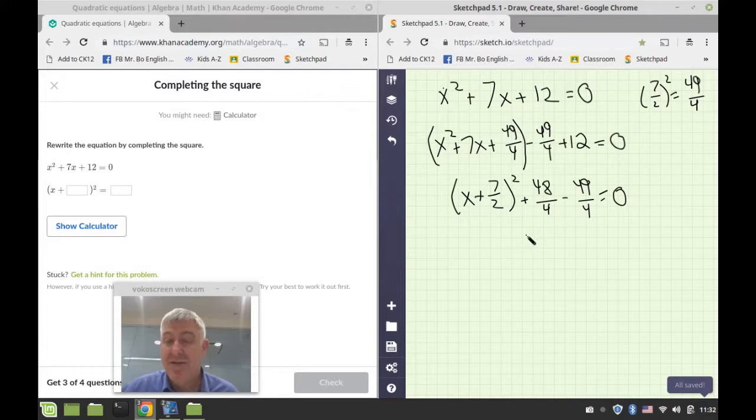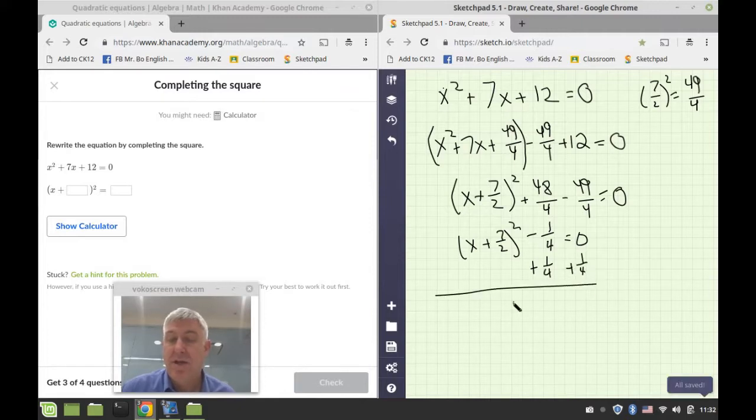After we do that, that's going to be minus 1/4 equals 0. So we've still got x plus 7/2 squared. I'm going to add 1/4 to both sides, and we end up with x plus 7/2 squared equals 1/4.